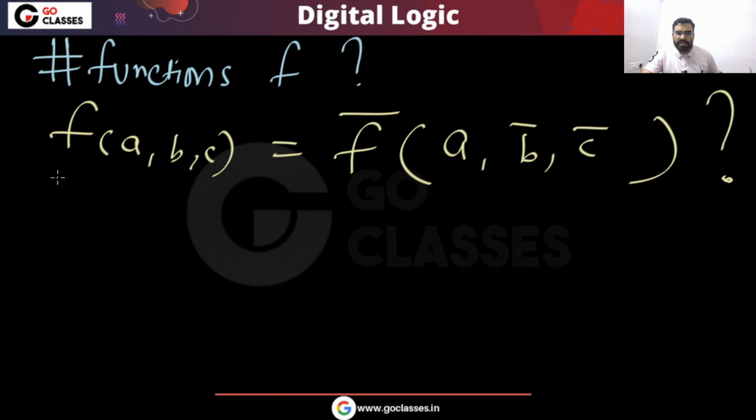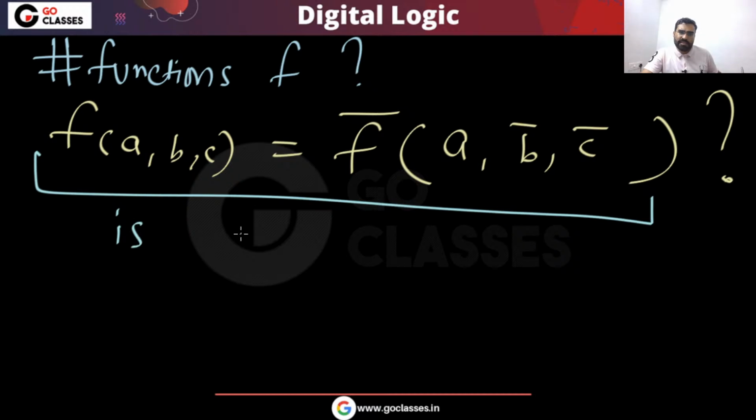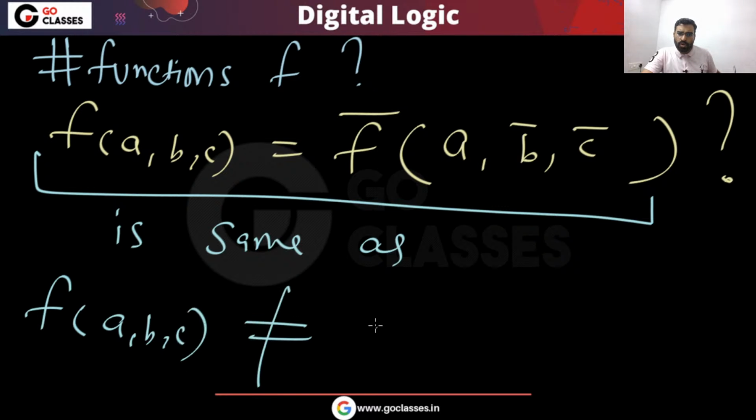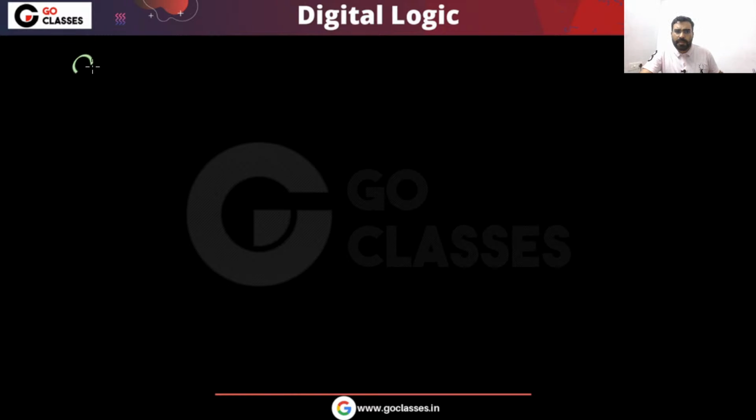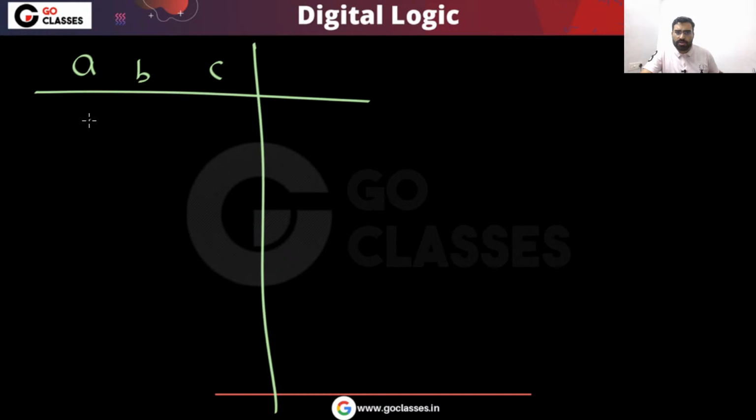So this question you can change. You can say this is the same as f(a, b, c) should not be equal to f(a bar, b bar, c bar). And remember, there are three variables, so there will be a total of 8 rows.